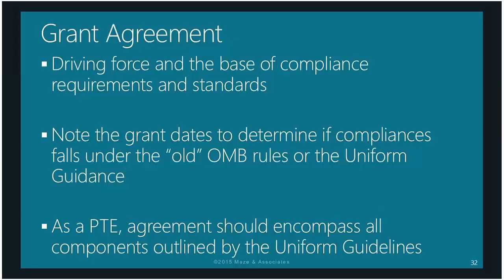So as a subrecipient, if that is not communicated in your subaward, you would want to contact your grantor, in this case the pass-through entity, to get that information so that you can move forward and be in compliance with whichever applicable compliance rule, whether it's the old OMB or the new uniform guidance.